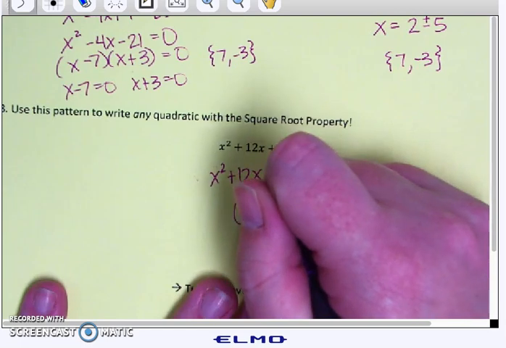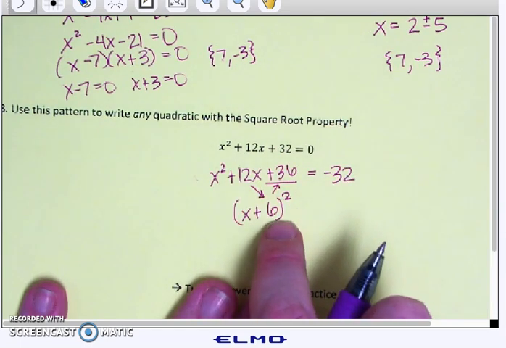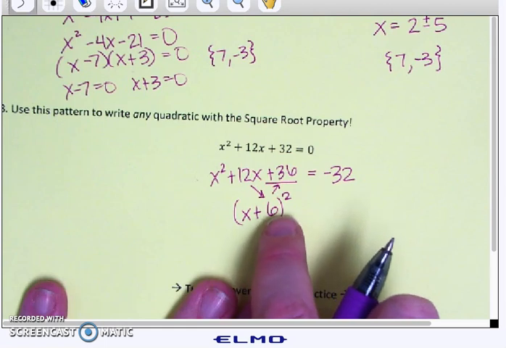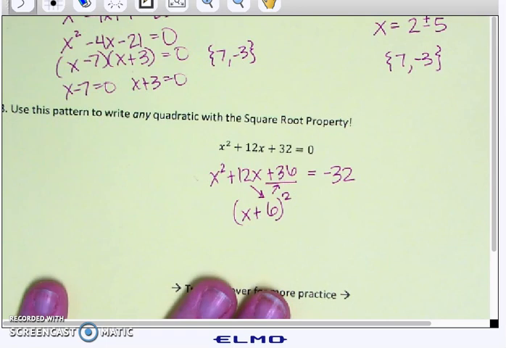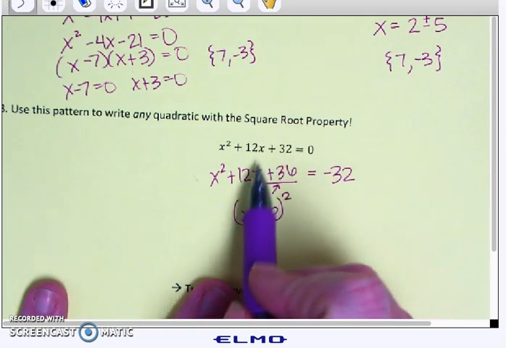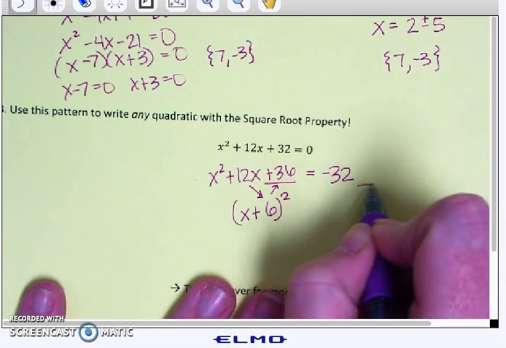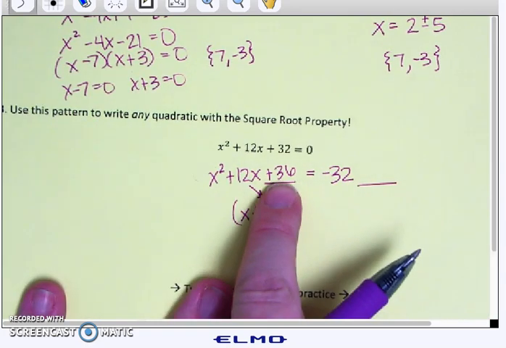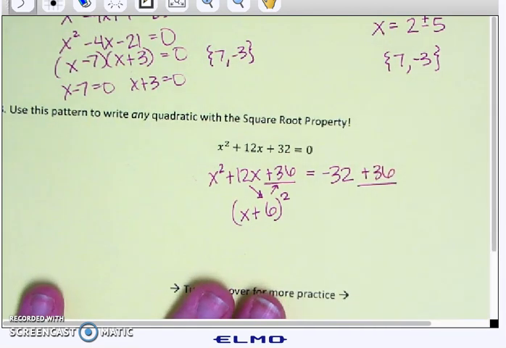We did a two-step here where we dropped down, found that second term of the binomial, and then squared that to find the missing piece. We can't just add 36 and say it's the same equation. We need to keep the equation balanced. So if we added 36 to the left-hand side, we're going to add 36 to the right-hand side.